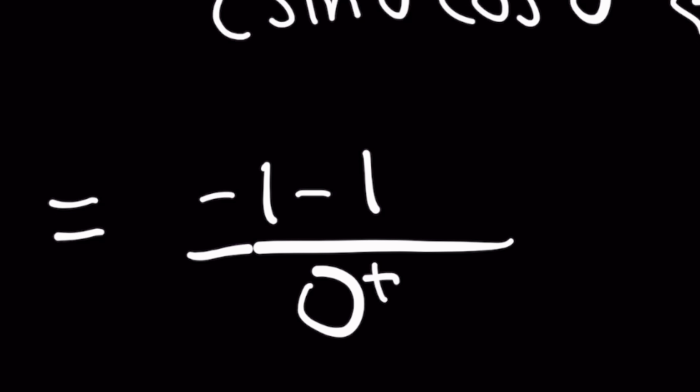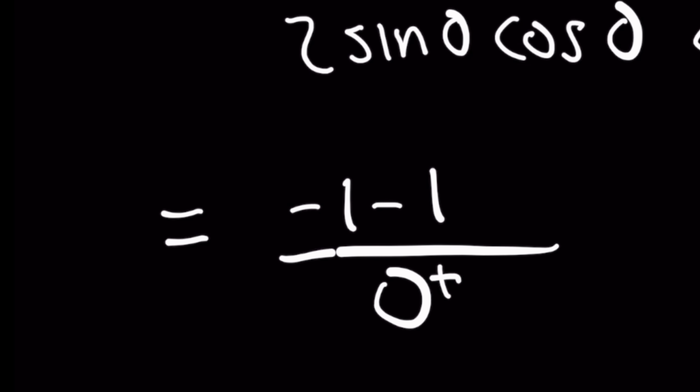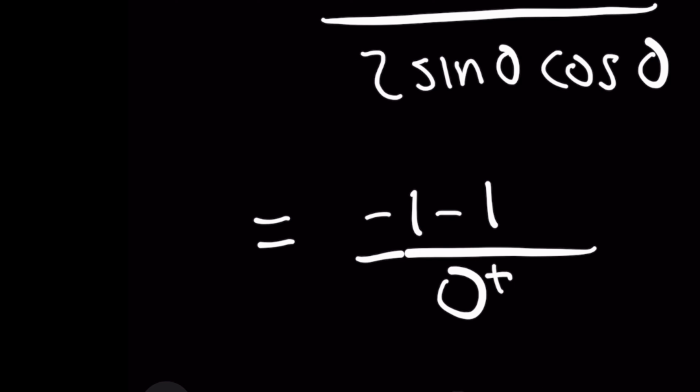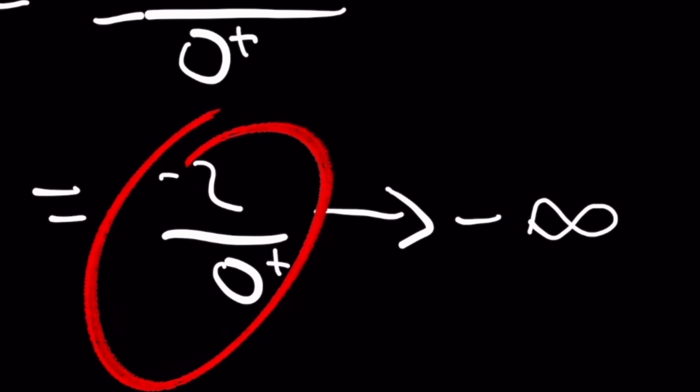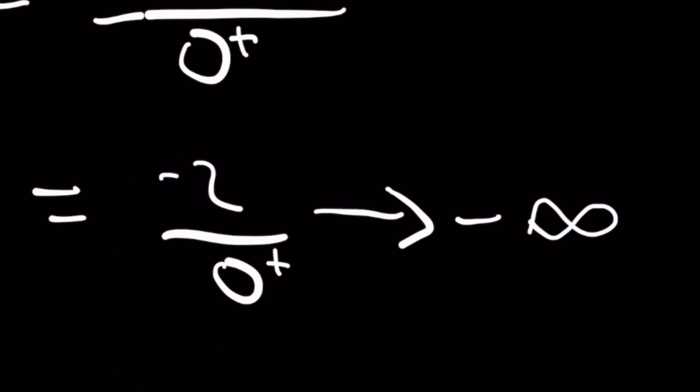Because you get negative 2. But because the denominator is slightly positive, very small values that are greater than 0, you're dividing a negative by a denominator that's positive, but getting very, very small. So this expression actually is approaching negative infinity as you take the limit as x gets infinitesimally small.